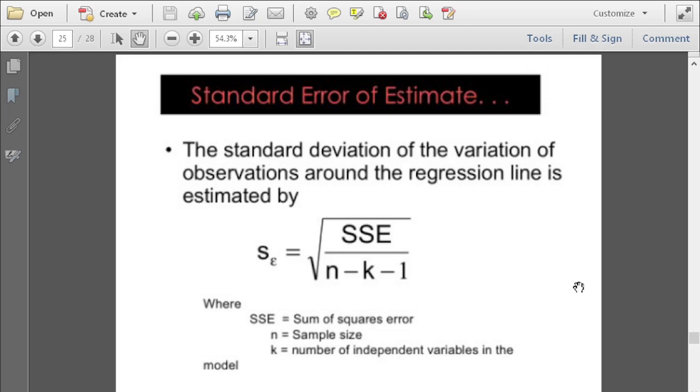Next is the standard error of estimate. The standard deviation of variation of observations around the regression line is estimated by this one. S sub E, or the error, is equal to the square root of SSE over n minus k minus 1. This SSE, guys, you can get from the ANOVA table in the result, okay? Where SSE is the sum of squares error, n is the sample size, and k is the number of independent variables in the model.